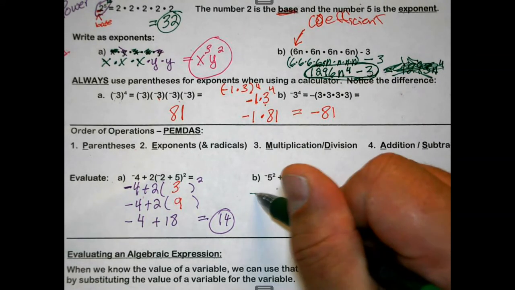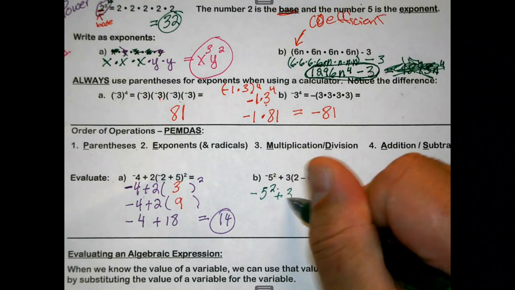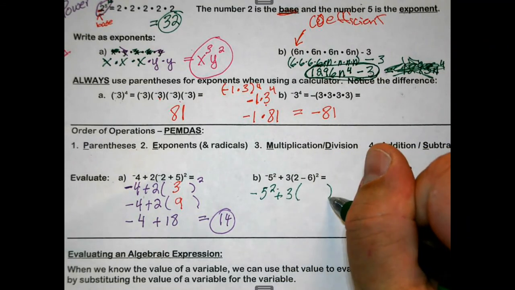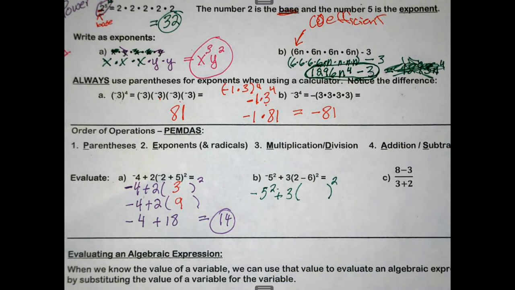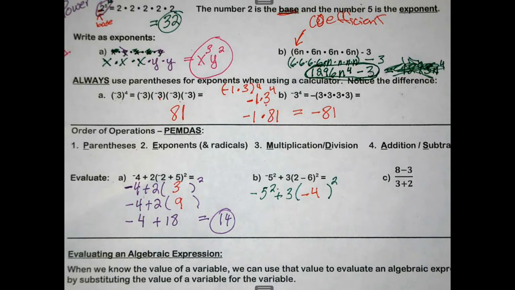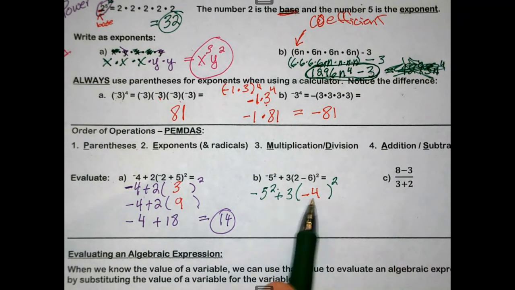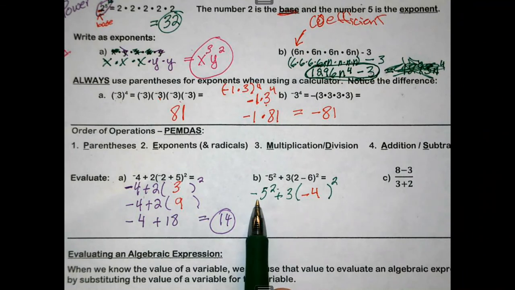Okay, here I have negative 5 squared plus 3 times parentheses 2 minus 6 squared. I'm going to do my parentheses first. 2 minus 6, negative 4. Okay, exponents next. Now here's that thing where you've got to be careful. This one does not have parentheses.